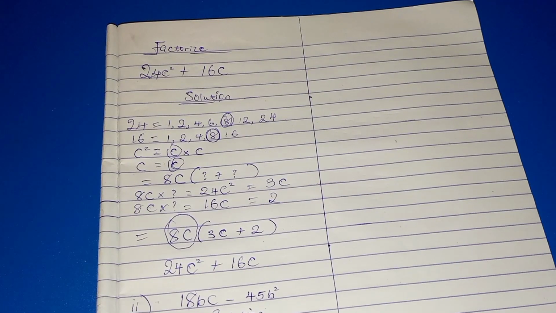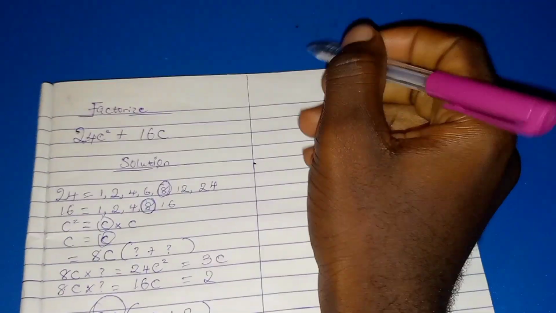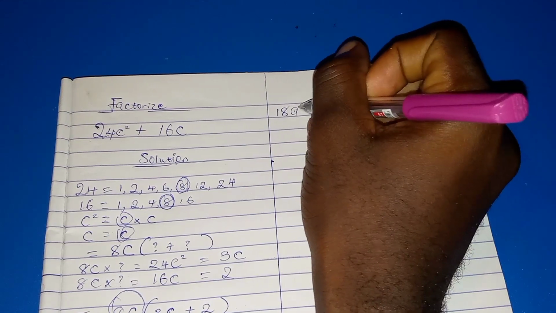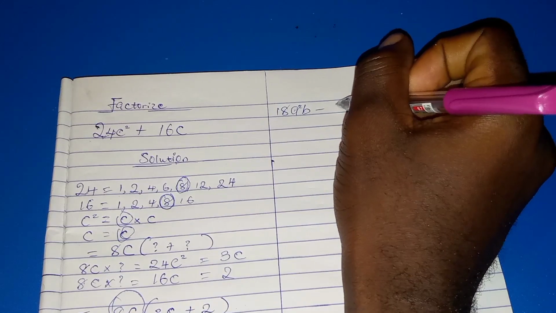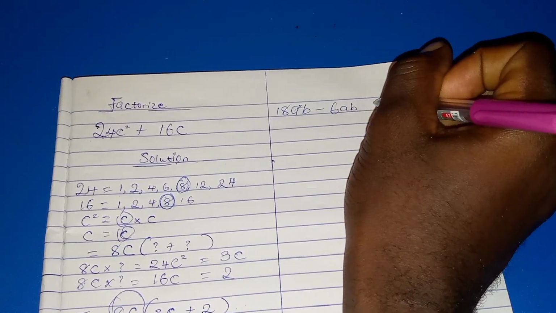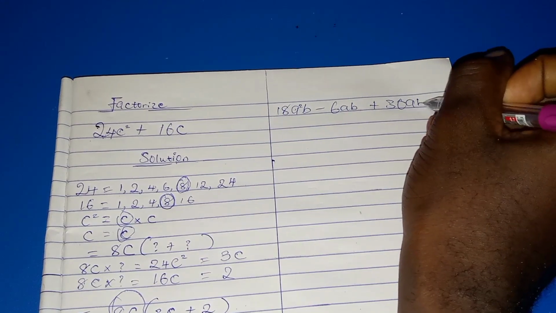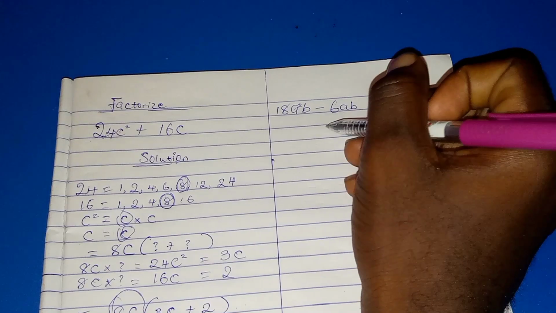So let's look into the last expression, which looks so complex. Let's say we have 18a squared b minus 6ab plus 30ab squared.